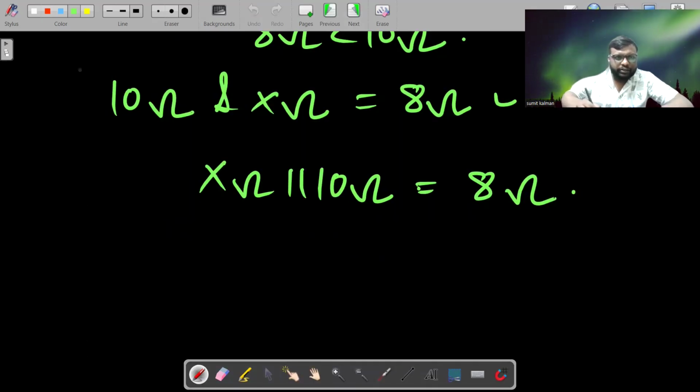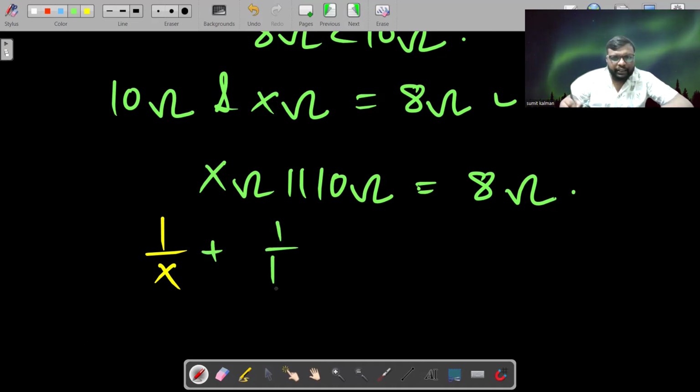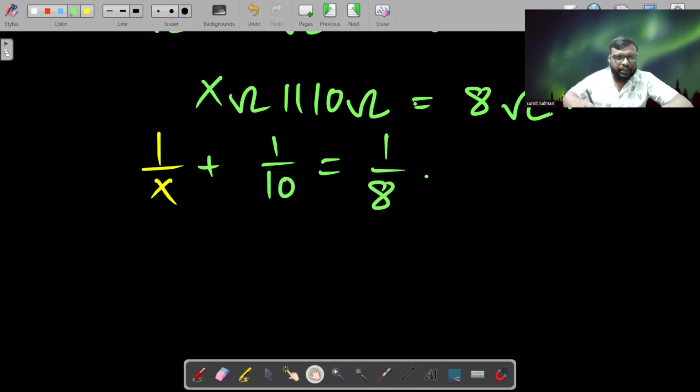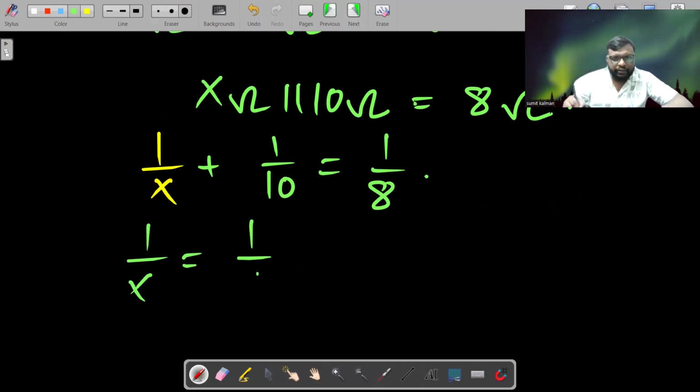So here it will become 1 upon x plus 1 upon 10, it is equal to 1 upon 8. So here 1 upon x is equal to 1 upon 8 minus 1 upon 10.